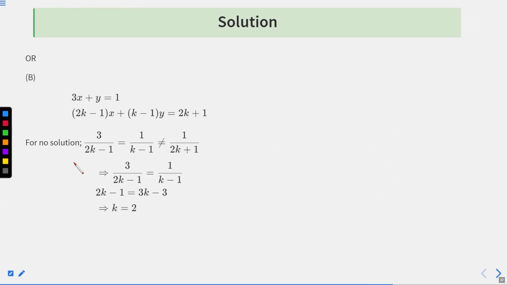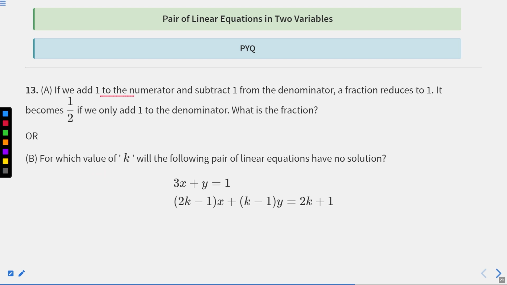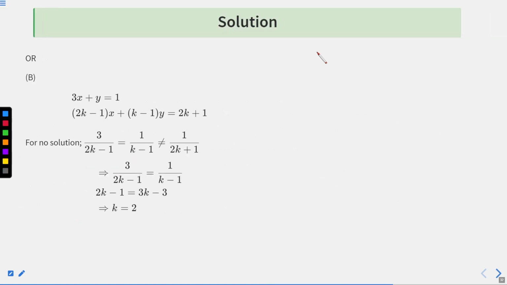And for the second question, we have: for which value of k will the following pair of linear equations have no solution? We have been given this pair of linear equations, and here we have to find the value of k. So for no solution, we know a1 by a2 is equal to b1 by b2 but does not equal c1 by c2.